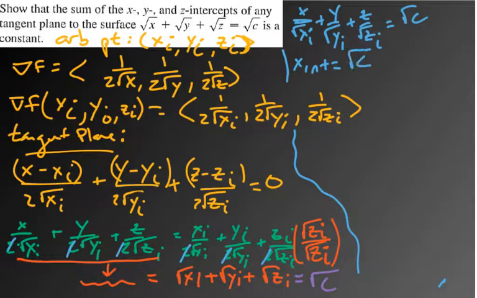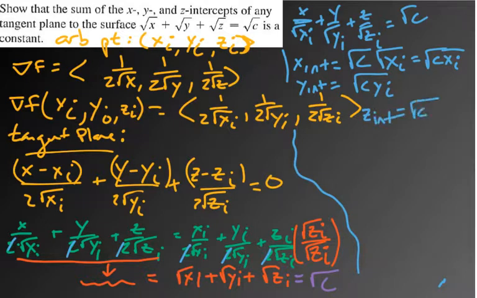So you can multiply these two together and get root c x sub I. And then likewise, the y-intercept is just going to be root c y sub I. The z-intercept would be root c z sub I, right?